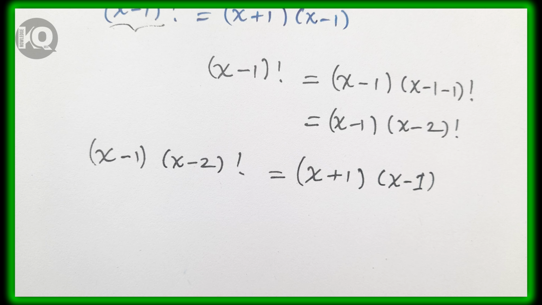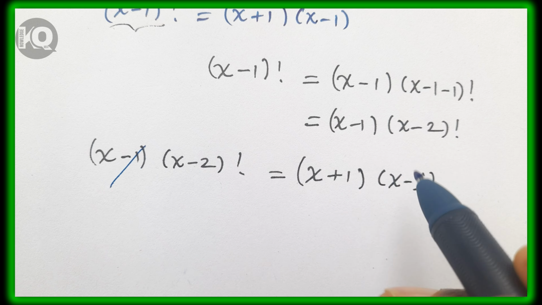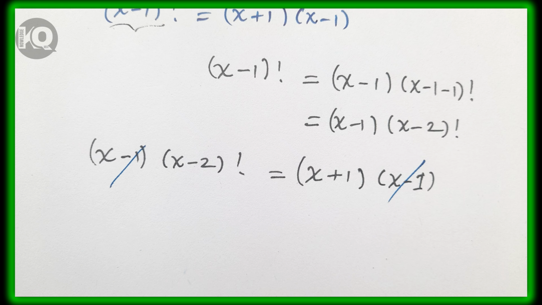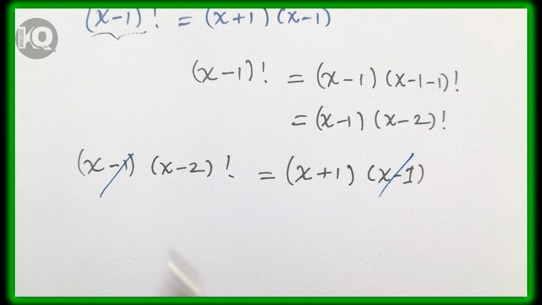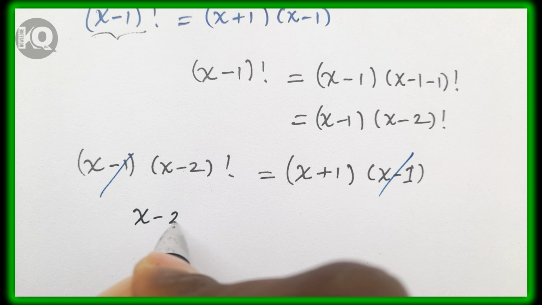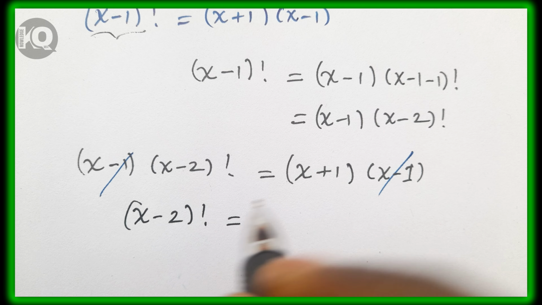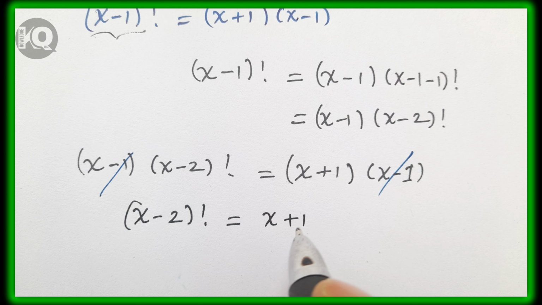We can eliminate x minus 1 because we have x minus 1 on both sides. Then the remaining will be x minus 2 factorial, which is equal to x plus 1.